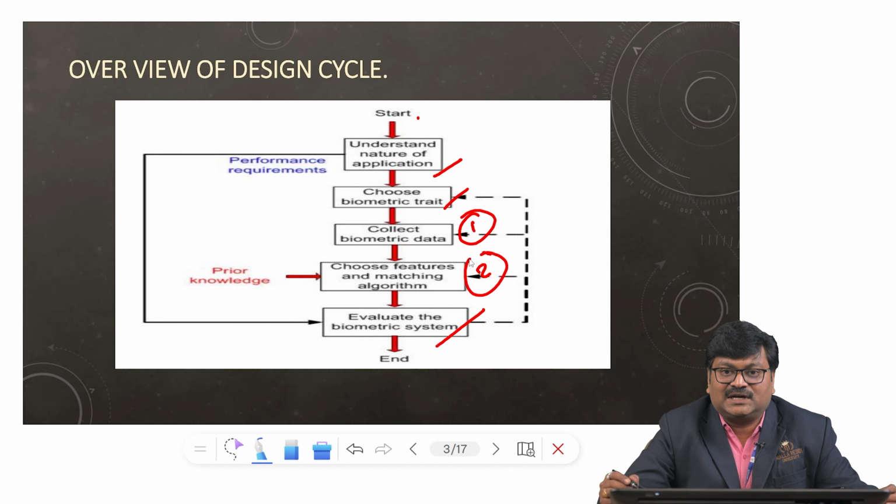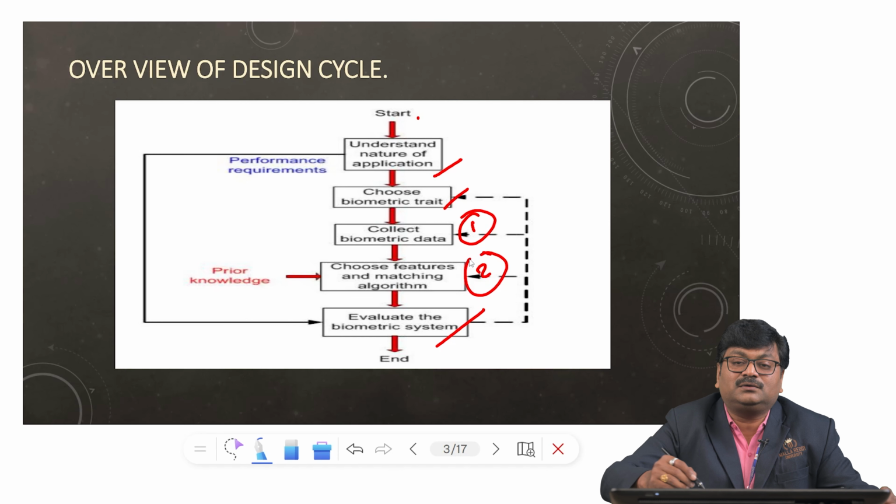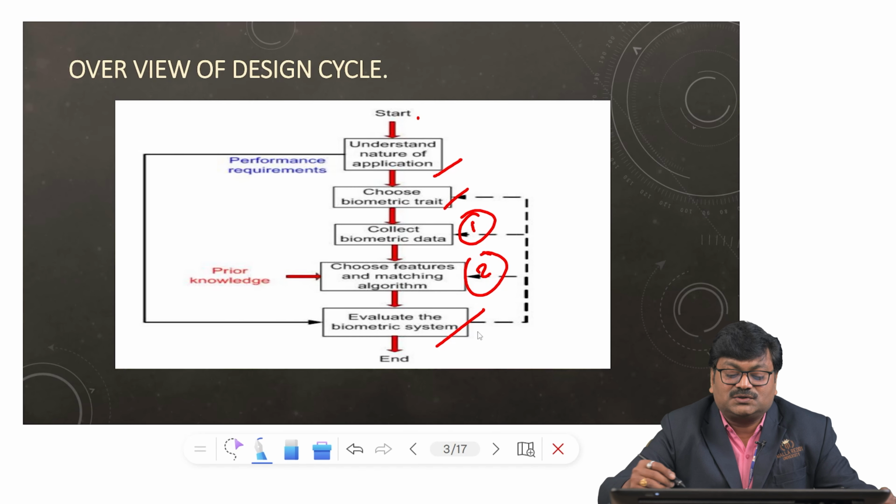Features are nothing but the collective data that we extract from a trait. So here we will have the features, and matching algorithms will be performed on the data that we have acquired, and then we are going to make a decision. So this is the complete cycle of a biometric process.